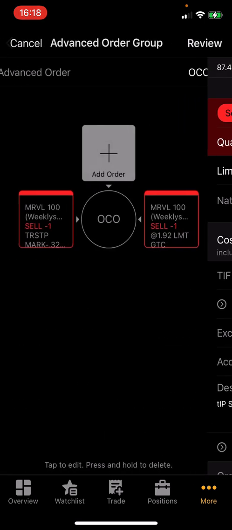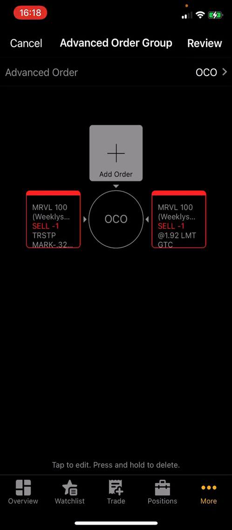I'm going to go back to the group. So you can set this to basically be put on as you enter the order, but I find that that's just too complicated, especially where Thinkorswim doesn't allow you to add a market order to OCO.